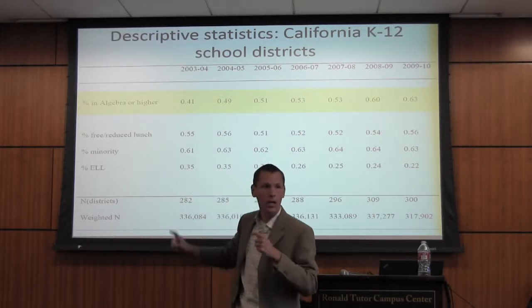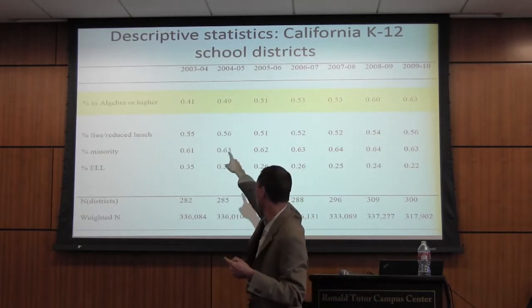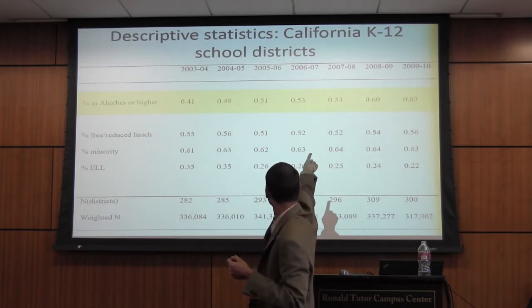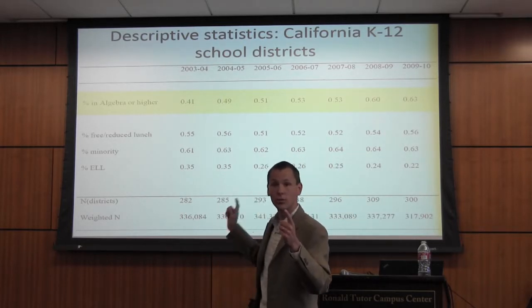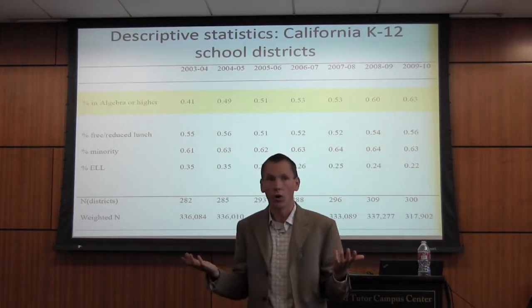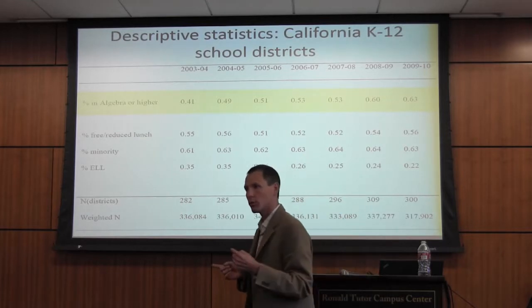One is at the beginning, as the PSAA incentives are finished being fully implemented. You go from 41 to 49 in that first year of this time series. And the second is between 2008 and 2009, when the State Board of Education says algebra for all, right? And again, you've got a 7-point bump in 8th grade algebra enrollment rates across the state.